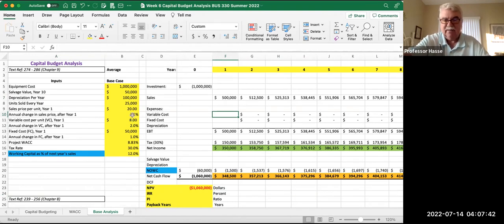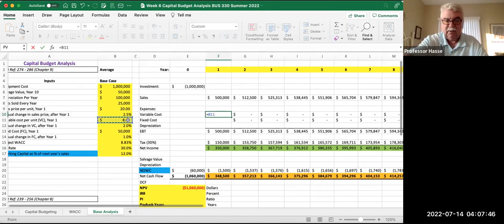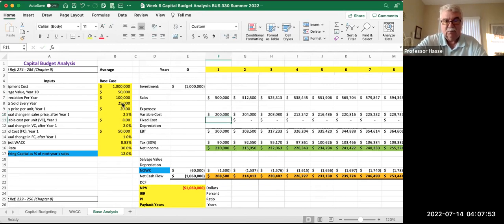So we take that $8 in year one and multiply it times the number of units we're producing, 25,000. And there we get our variable costs for the year. And again, the inflation rate for variable costs is a little bit different. It's 2%. So now we're increasing variable costs by 2% every year.